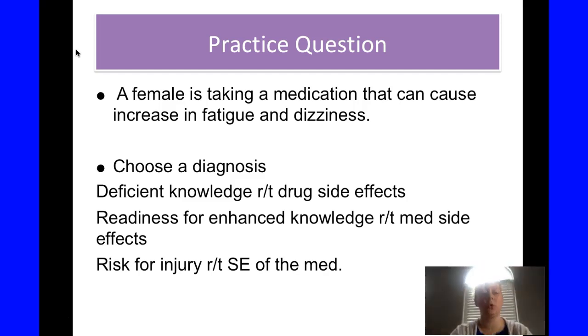So it looks like she already knows that she can have an increase in fatigue and dizziness. Deficient knowledge, I'm going to say no, because you told her. Readiness to enhance knowledge related to med side effects, and that's already been given. She's already been given the medication, and she's already taking it. Risk for injury. I'm thinking more safety, because if she's tired and can get dizzy from this medication, maybe she's at risk for falls. So I'm going to go with the safety portion of it.